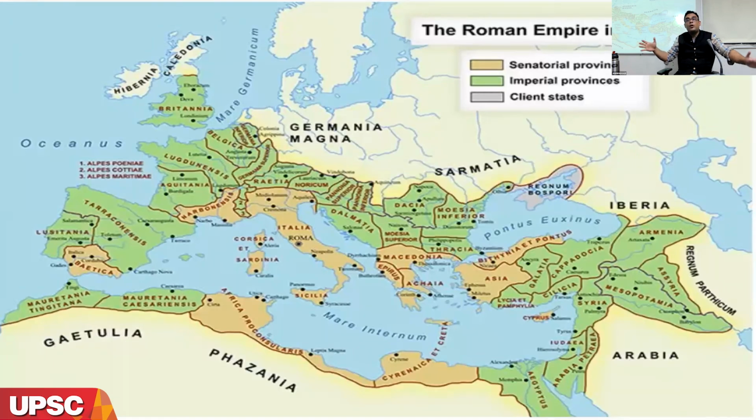The Roman Empire occupied such a massive territory. And when it occupied such a massive territory, it means it had at its disposal the resources and talents of this entire region. And they put it to the best use.